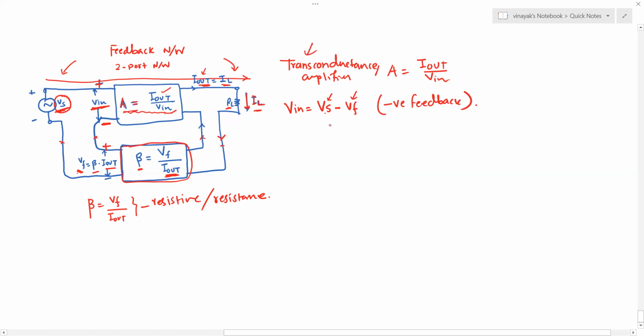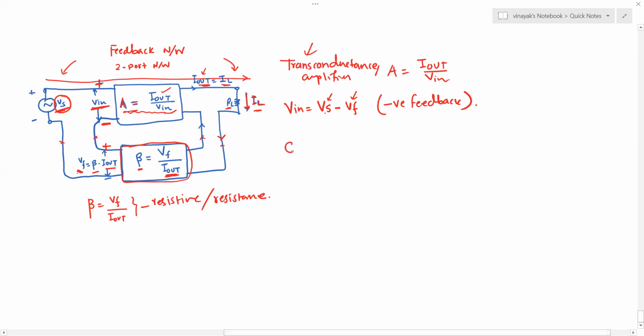Okay, so the circuit is also called as current series feedback.